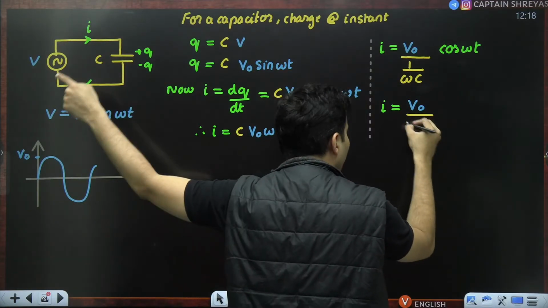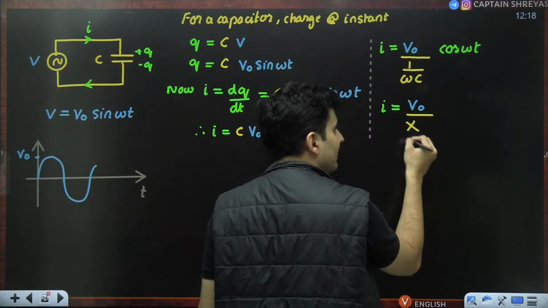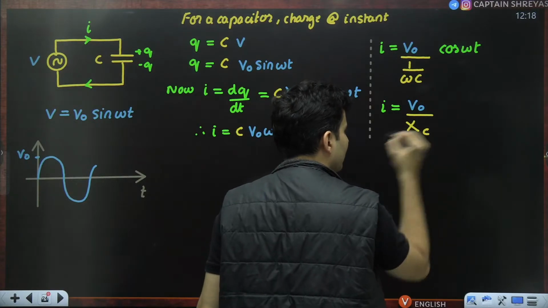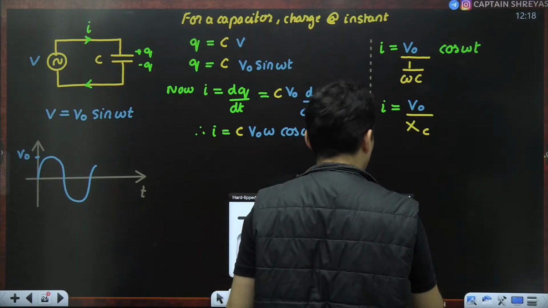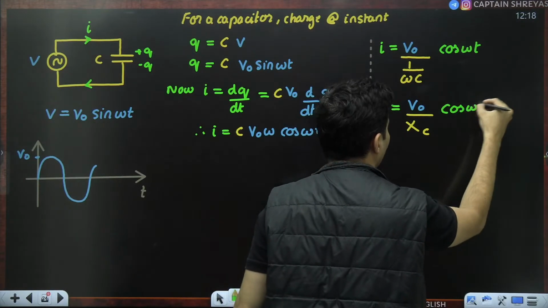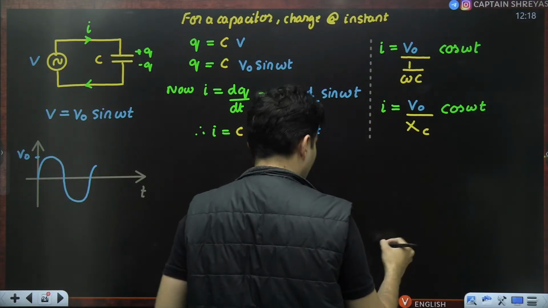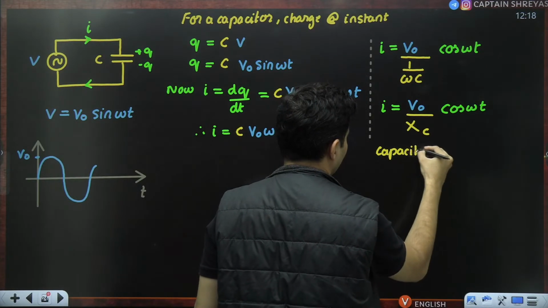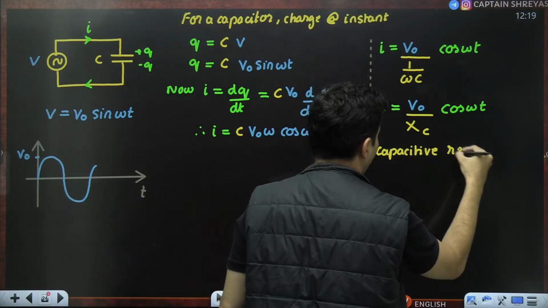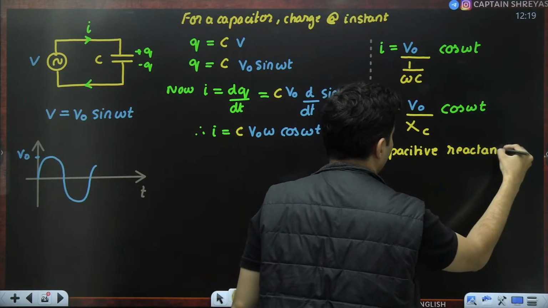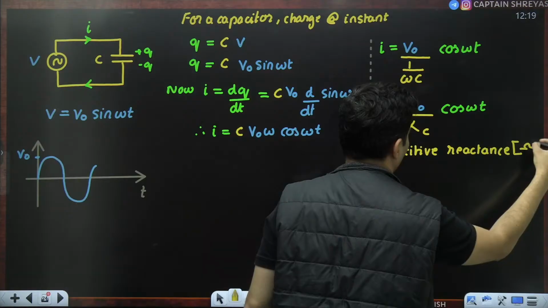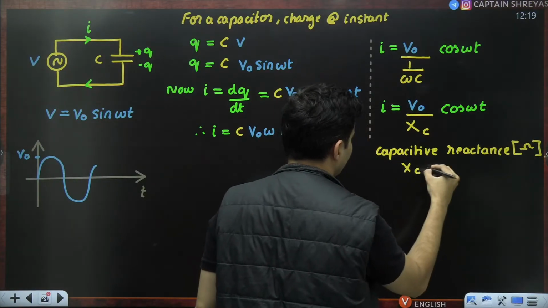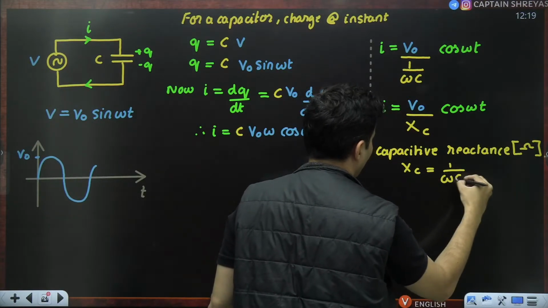So an imposter like that is called reactance X, but due to capacitance, so C, and then you have that cos omega t. The unit of capacitive reactance is again ohm only. This XC is 1 by omega C.